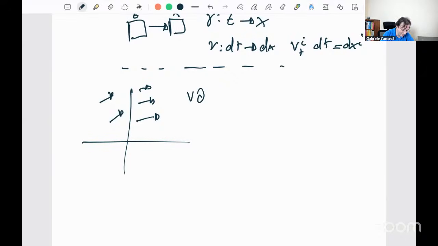It's going to be something like this, V^i. And now I'm talking about this object as a derivation. Like if I put an f here, I would get some type of derivation with respect to some parameter.